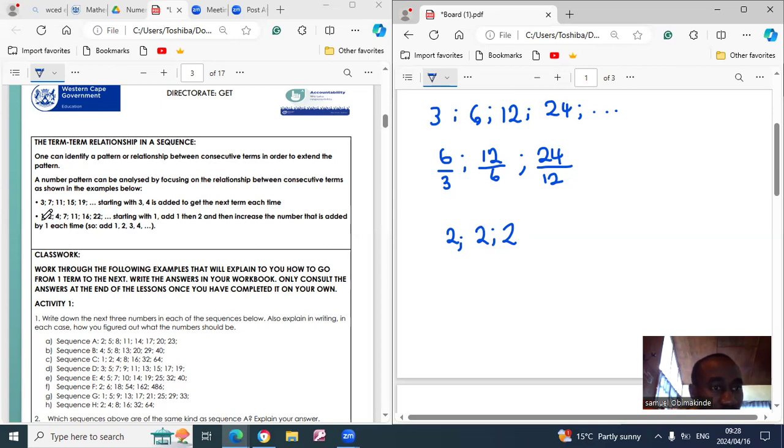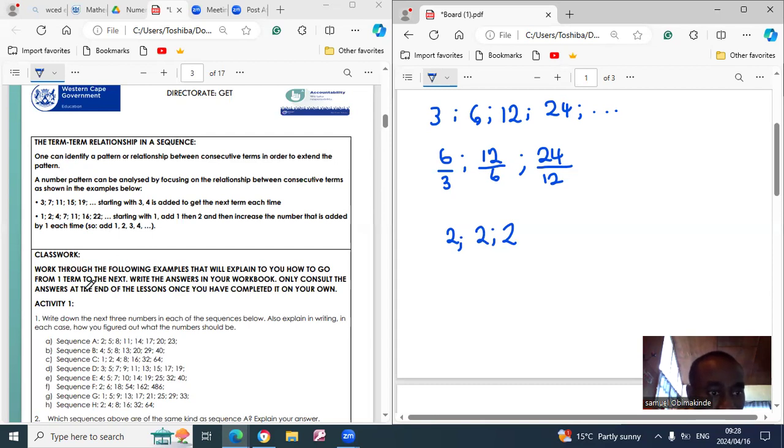For example, to get from 1 to 2, you add 1. Then to get from 2 to 4, you need to add the next number, which is 2. Then to get from 4 to 7, you need to add 3. To get from 7 to 11, you add 4, and so on.